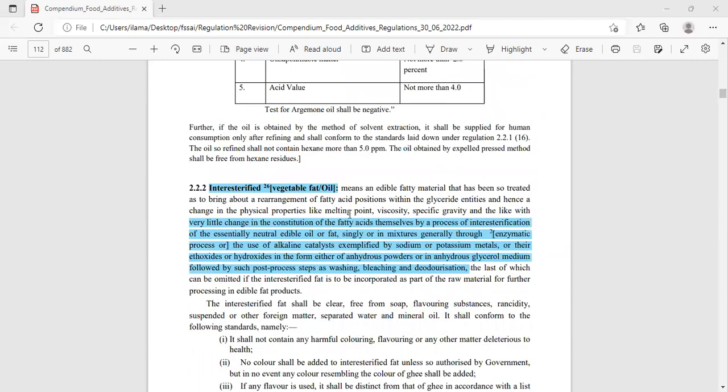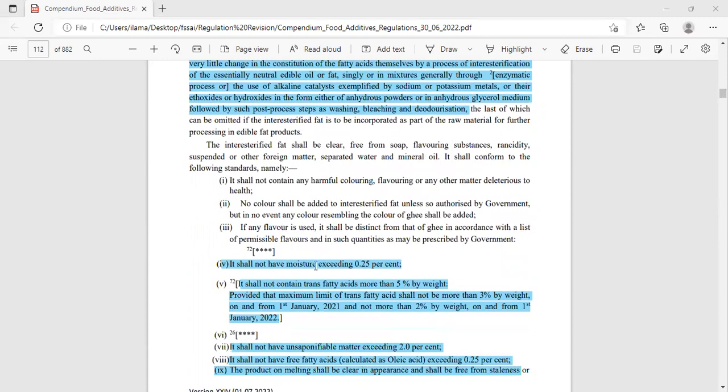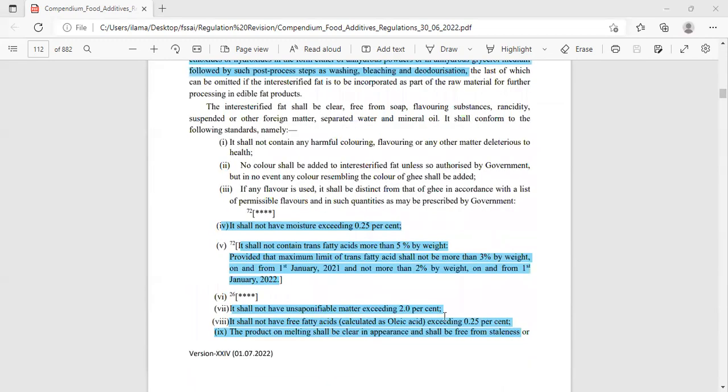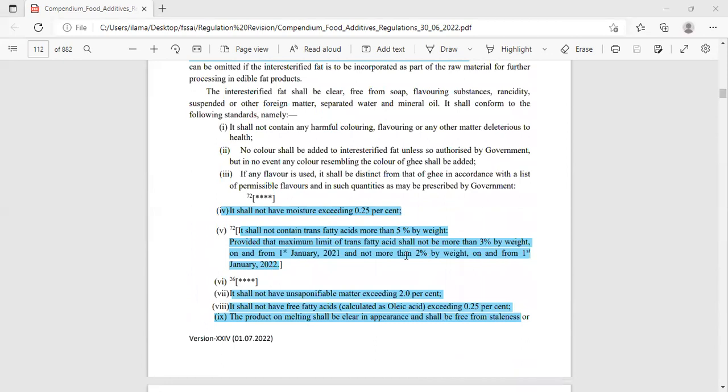And interesterified vegetable oil, here it should have a moisture content not exceeding 0.25%, and this is the value fixed by our FSSAI. Here, interesterified vegetable oils should not have more than 2% by weight from 1st January 2022.